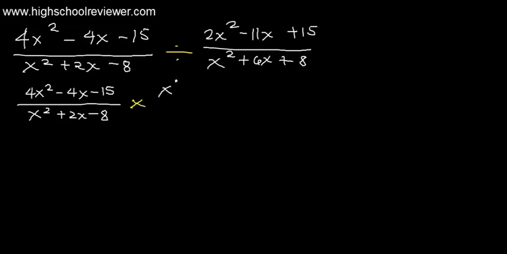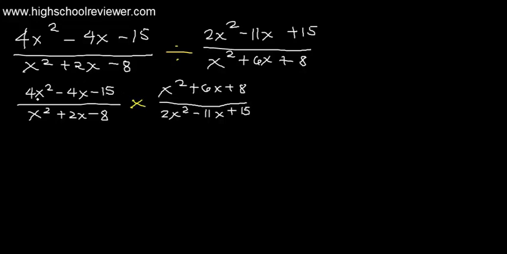X squared plus 6x plus 8 is now on the numerator, and the denominator will be 2x squared minus 11x plus 15. And as the rule of multiplying rational algebraic expressions, before we multiply, first we have to factor out the different terms.